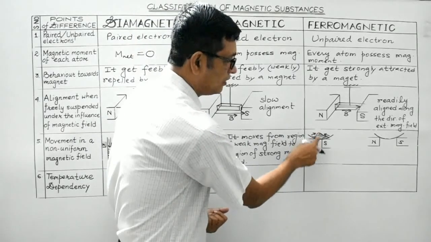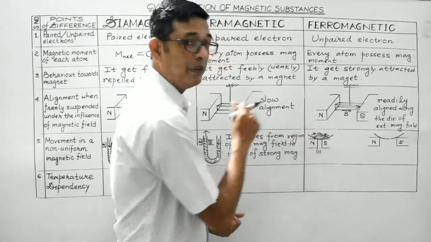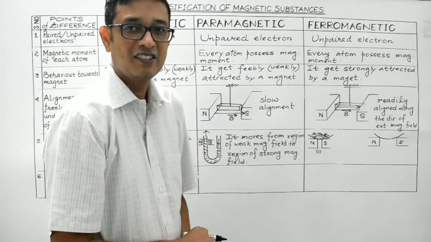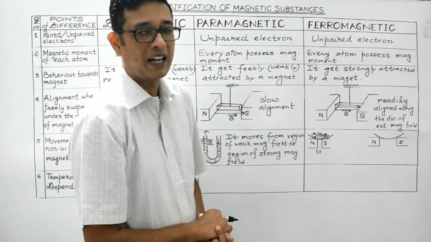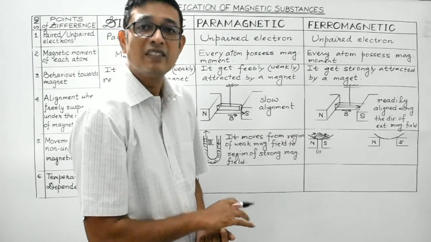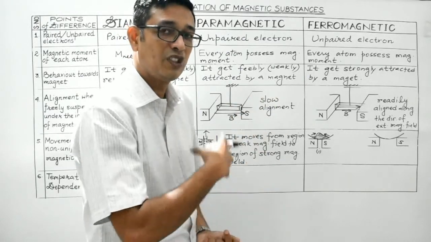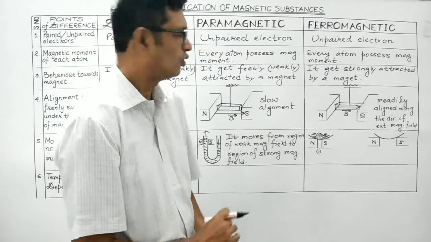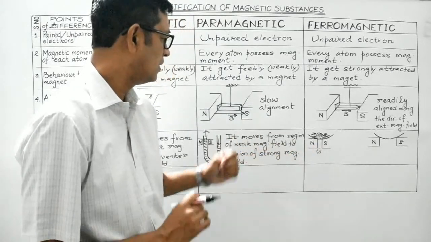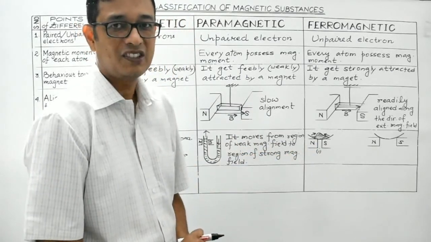So a heap is formed near the middle of the watch glass, indicating that the ferromagnetic substance tends to move from the region of weaker magnetic field to the region of strong magnetic field. So its behavior is the same as that of the paramagnetic substances, right?